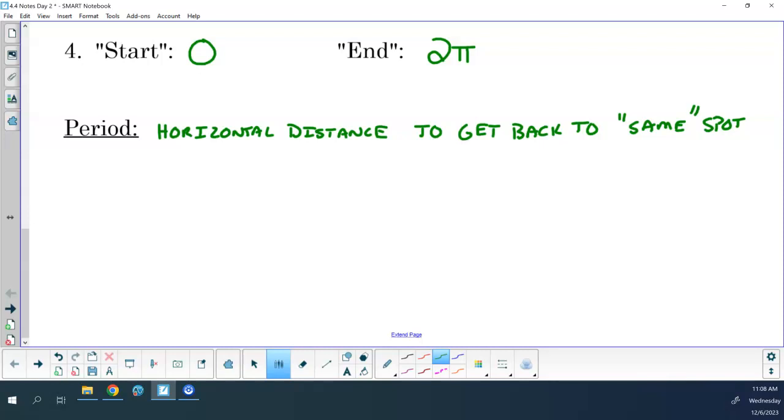You find the period by taking end minus the start. So in this particular case, our period was 2 pi.